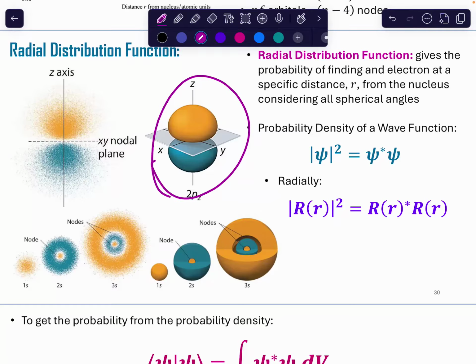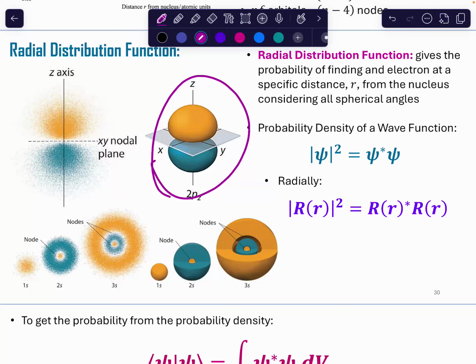Now, we could integrate the probability density, and what we would end up with is the probability from 0 to 1, which would give us a percentage of finding an electron at a certain radius. So they're very similar, but slightly different. Keep that in mind: the higher the density, the more likely you are to find the electron at a specific radius.